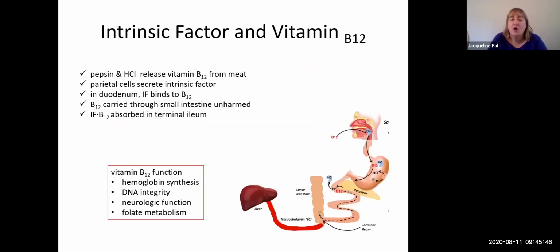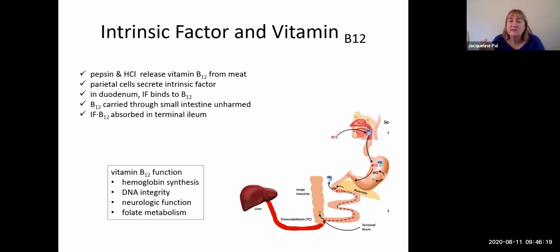When you eat something like meat, which contains vitamin B12, the hydrochloric acid and the pepsin start digesting that meat, which releases the vitamin B12. Then the parietal cells secrete intrinsic factor, and both the B12 and the intrinsic factor leave the stomach through the pyloric sphincter. Once they're in the first part of the small intestine, those two chemicals bind to each other.